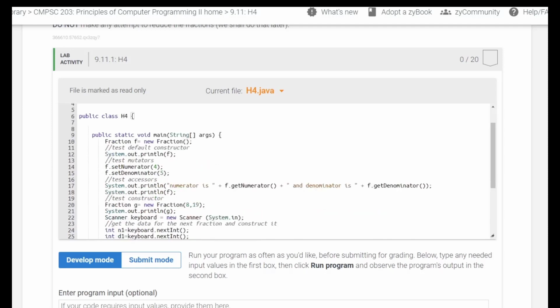Let's think about some of these methods. I'm not going to worry about the gets and the sets, which by now you should be fine with. What does your toString do? You have a numerator and a denominator, and your toString needs to print out your numerator, then a slash, and then your denominator.